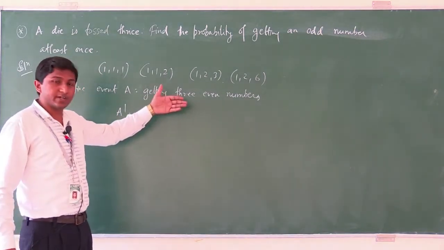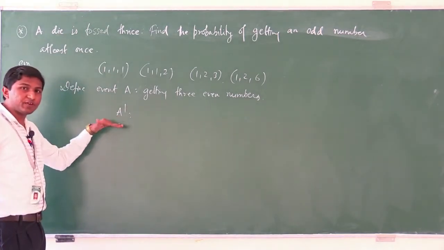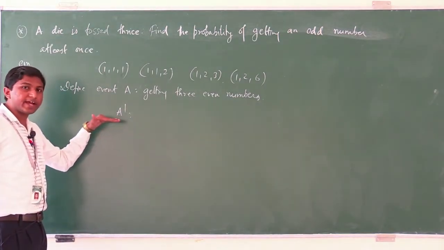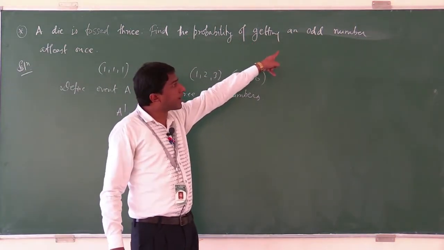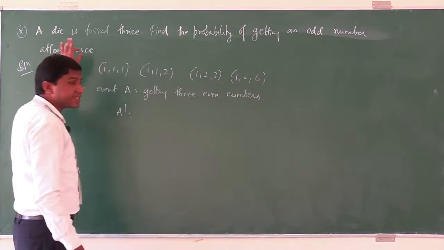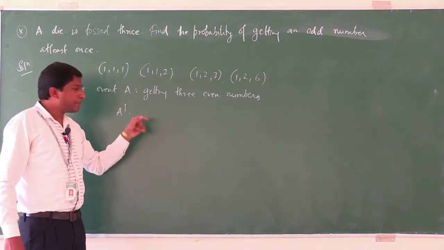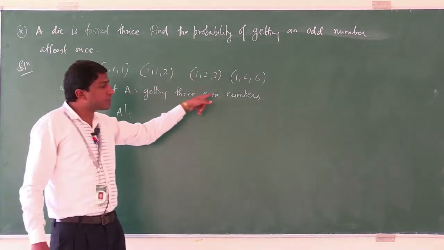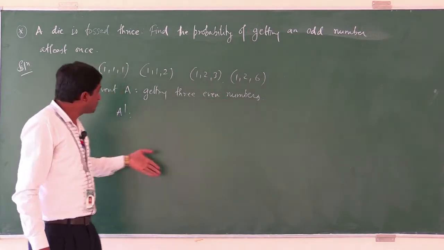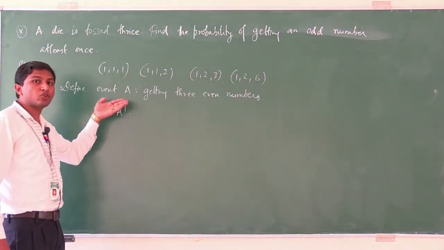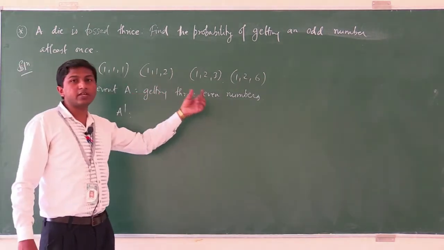So in other words, I can say the complementary event of event A, that is event A dash, I can write as the event of getting an odd number at least once. I repeat once again. Event A is getting 3 even numbers.